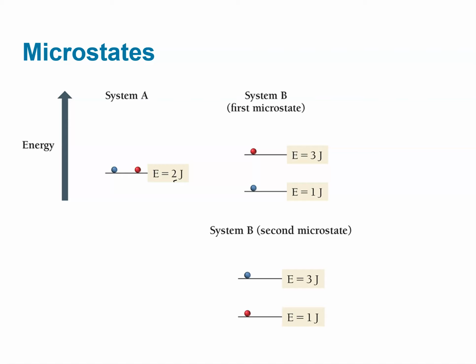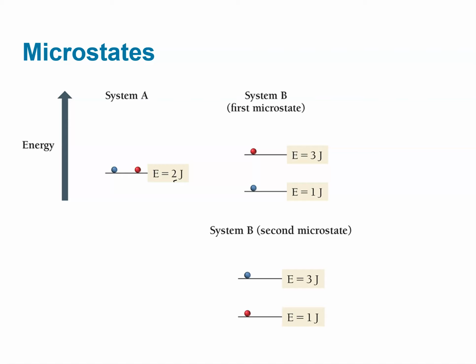But we can have a microstate between these two particles where blue is at 1 joule and red is at 3 joules, or blue is higher at 3 joules and red is lower at 1 joule. What's important is that the sum is 4 joules between the two particles, so the net energy of A and B in both microstates is identical.